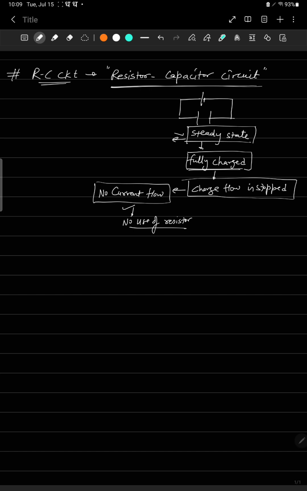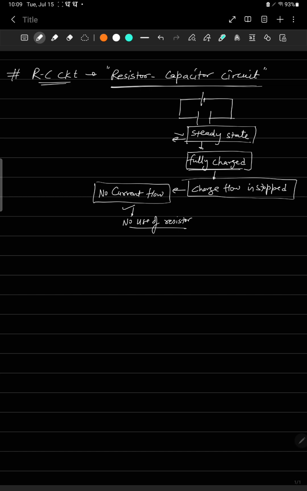But now we know the capacitor cannot be at steady state all the time. If we take a capacitor which is initially uncharged and connect it with a battery, the capacitor will be charged. The time taken by the capacitor to charge will be very less. But still, if you want to calculate the time, or know the process through which it gets charged, that will be another phase of the capacitor.